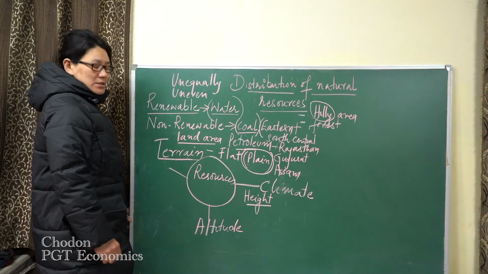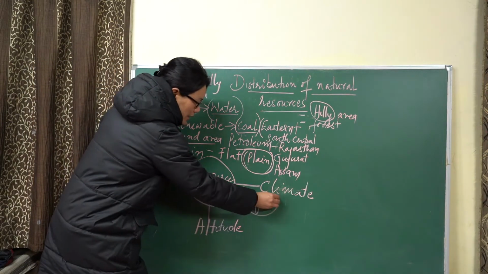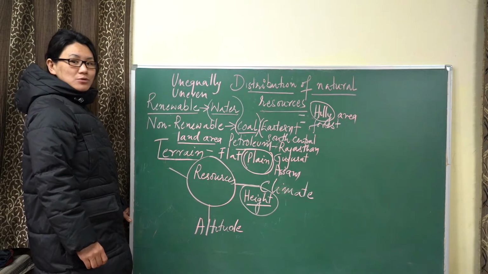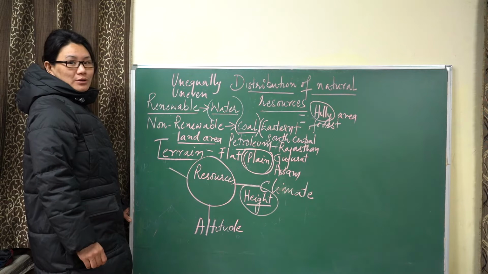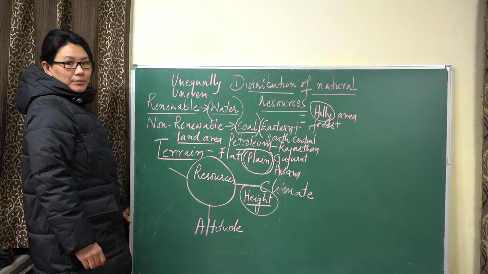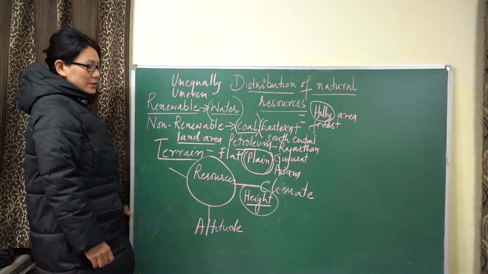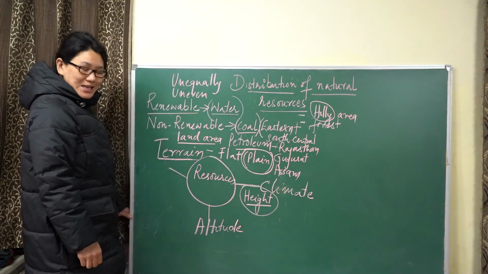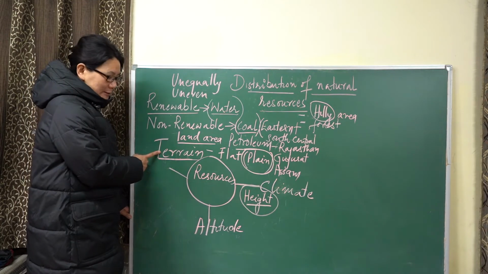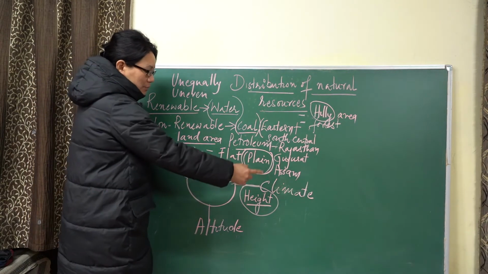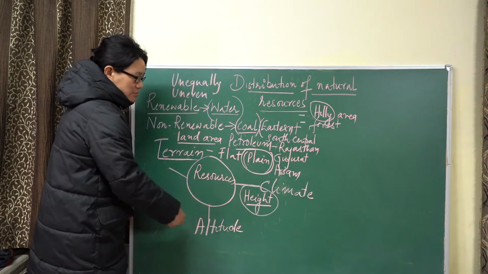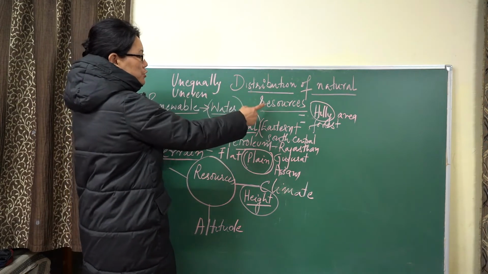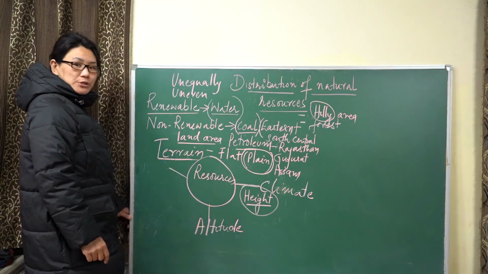And the resources which are found at such places will not be found in other parts of India. Is that clear? So the reason behind unequal distribution of natural resources is terrain, climate, and altitude. These three factors make for unequal distribution of natural resources.